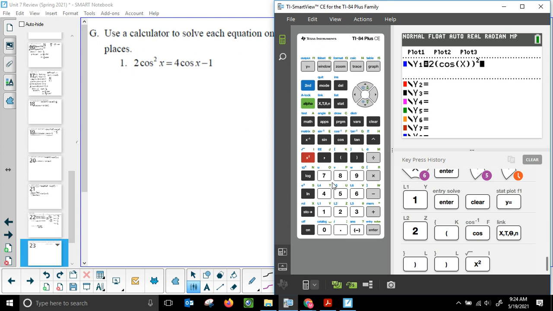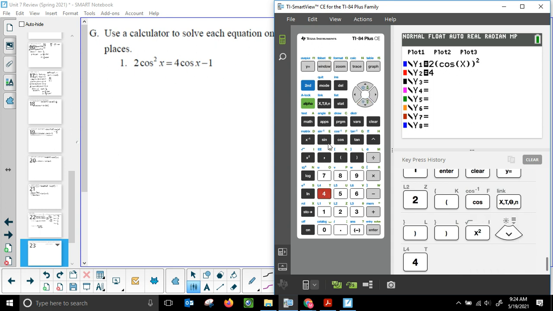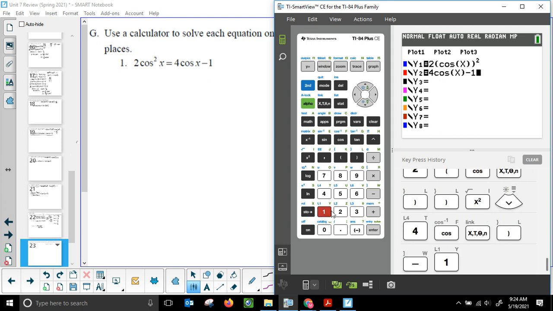Okay, that's the only way to put in a squared trig function into your calculator. Okay, and then in y2, you put the other side of your equals sign. So 4 cosine x minus 1. And do make sure that you close that parentheses before you put the minus 1, or it will assume that it's cosine x in parentheses minus 1.